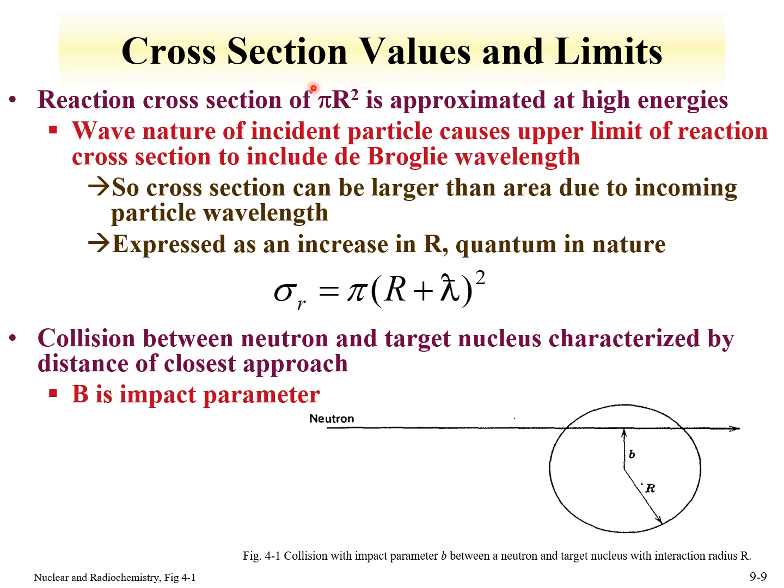Well, this pi r squared cross-section, which is fundamentally close to a barn, is approximated at high energy. However, the wave nature of particles has an upper limit of reaction that includes the de Broglie wavelength. So fundamentally, this equation, pi r squared, can go to pi times r plus the de Broglie wavelength, squared. So the cross sections can be larger due to incoming particle wavelength.